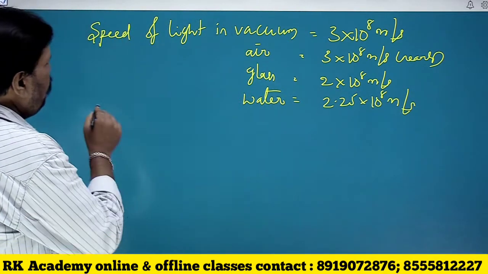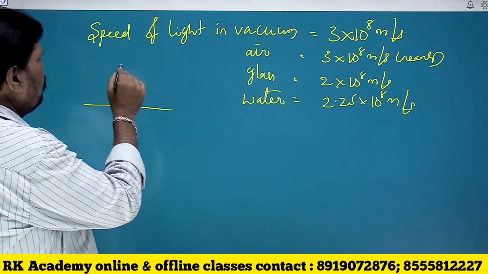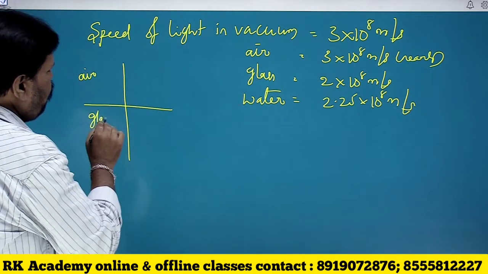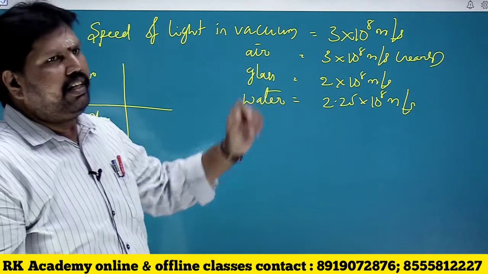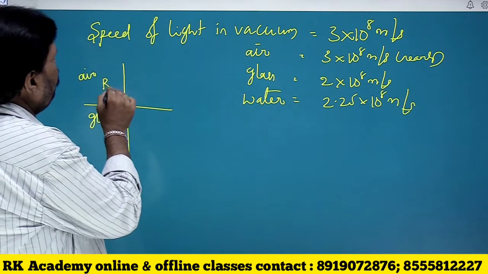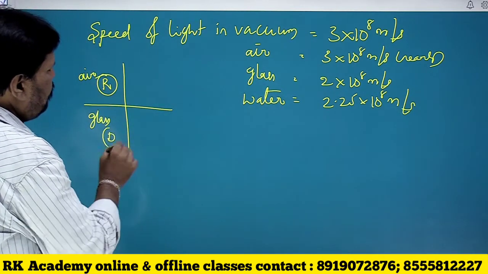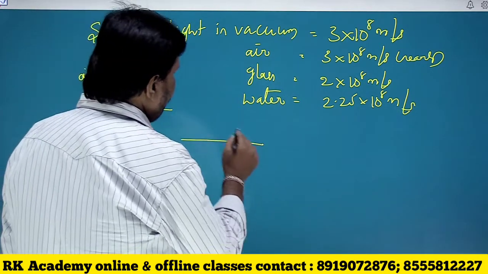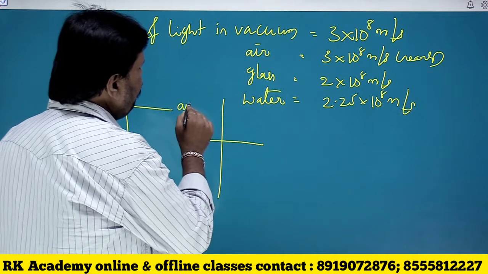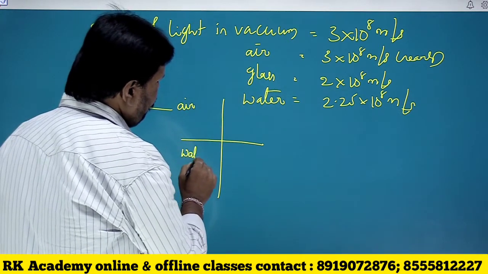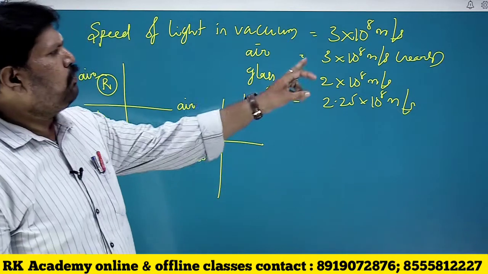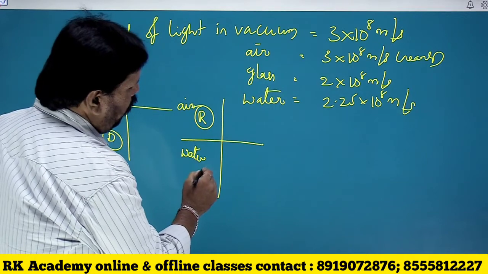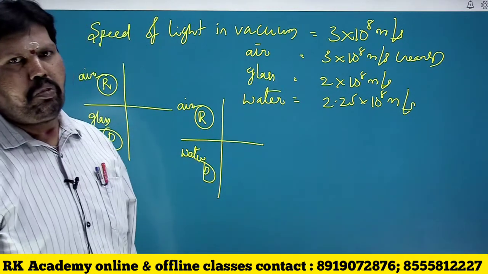So here, if I have taken two media, this is air and this is glass. The speed of light in air is more. Air is said to be rarer medium and glass is said to be denser medium. Or if I have taken the two mediums, one is air and another is water, as the speed of light is more in air, air is called rarer medium and water is called denser medium.